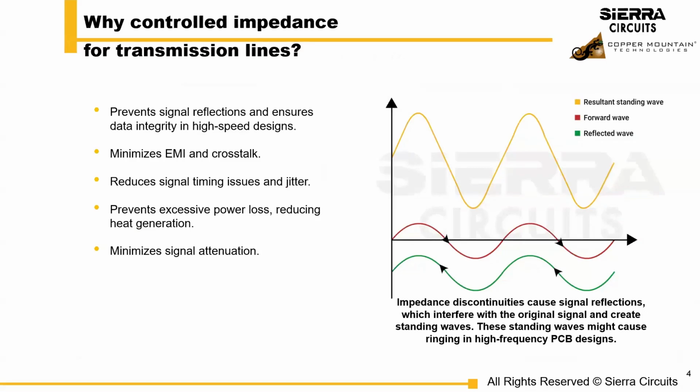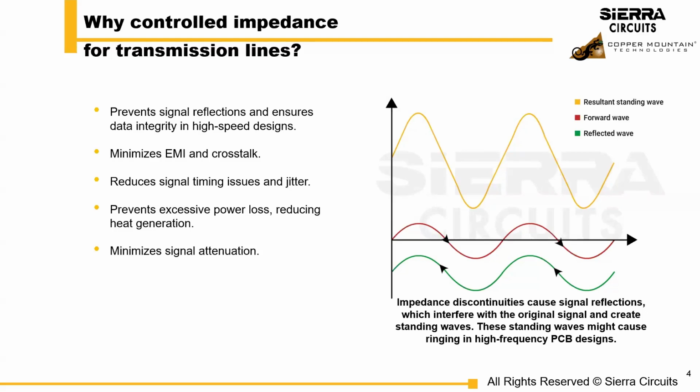So again, why uniform impedance is crucial for transmission lines. Inconsistent line impedances cause signal reflections and EMI, all of which are not good. So getting this right really will make an impact on what your company is trying to do.